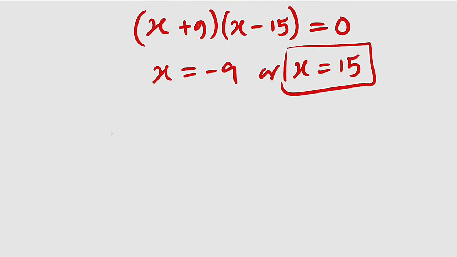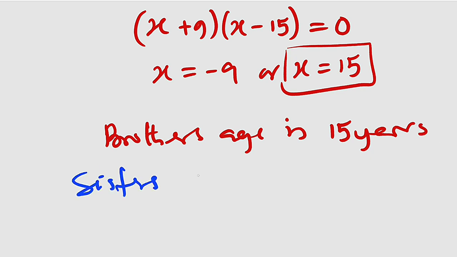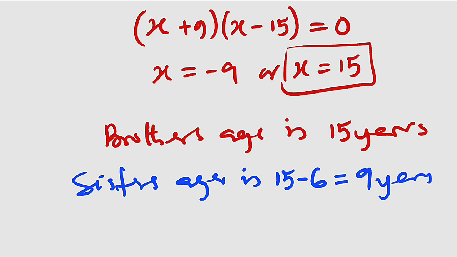So the two ages: the brother's age is 15, yes. And the sister's age is what? 15 minus 6, because she is 6 years younger than him, which is just 9 years.